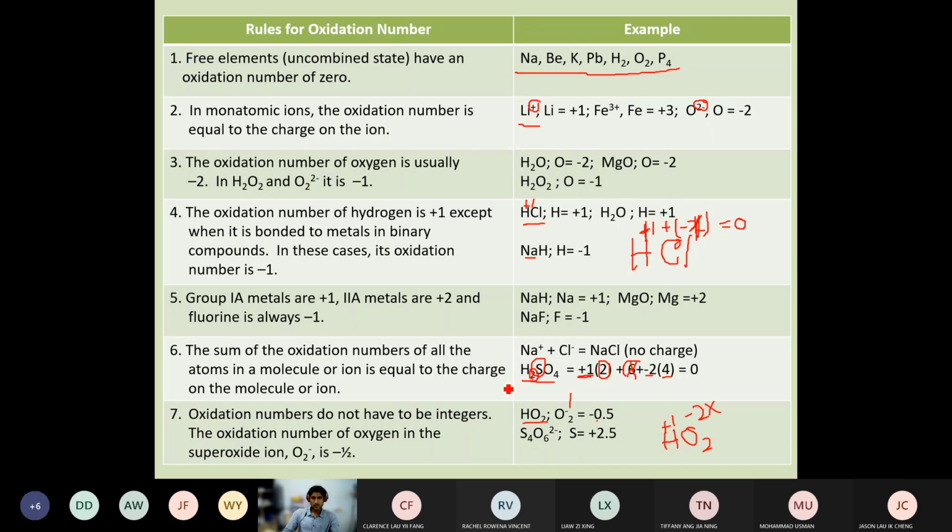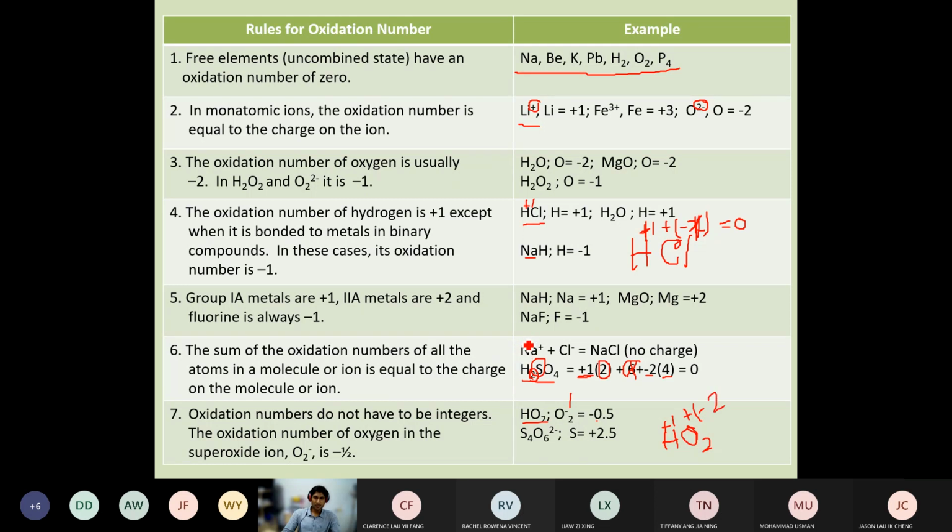We know hydrogen is always +1, but what is the oxidation state of oxygen here? We have to add something that equates it to 0, but there are 2 oxygen atoms here.